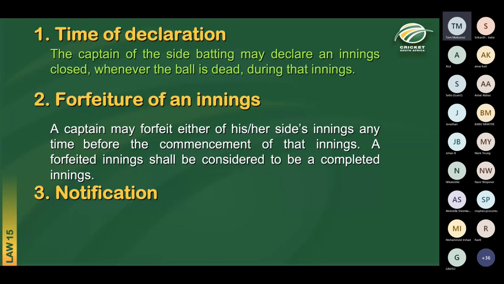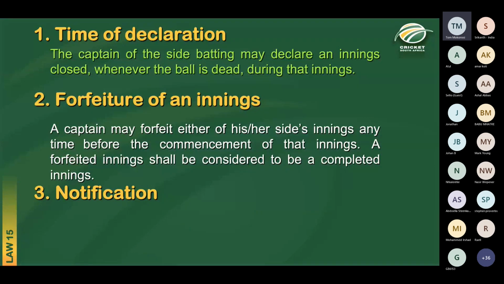So imagine a test match. Each side is supposed to bat twice. For whatever reason, either captain can, before the start of either of their 2 innings, say that, no, we do not want to bat, so we are forfeiting our innings, and then the next side will come to bat.